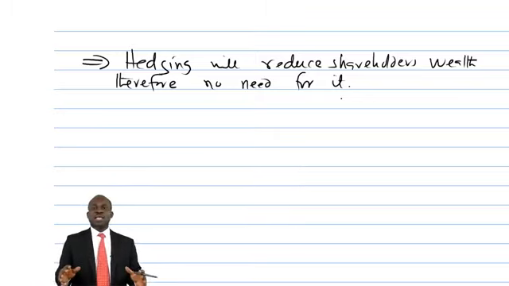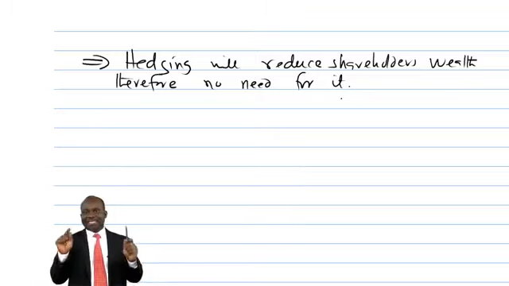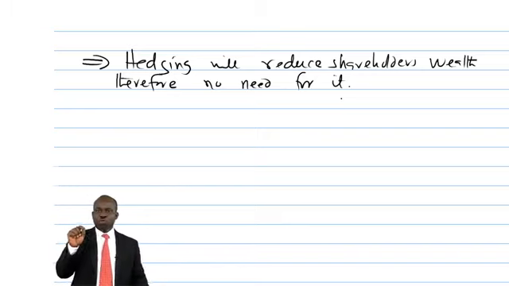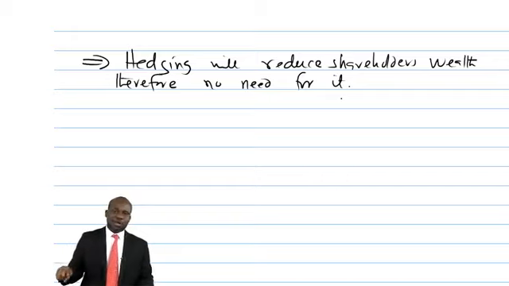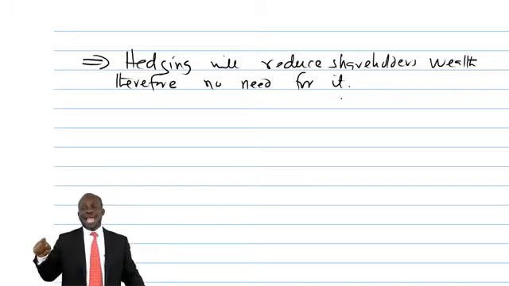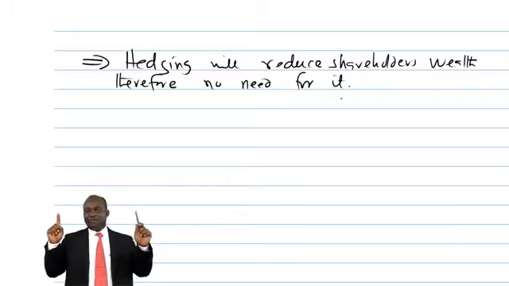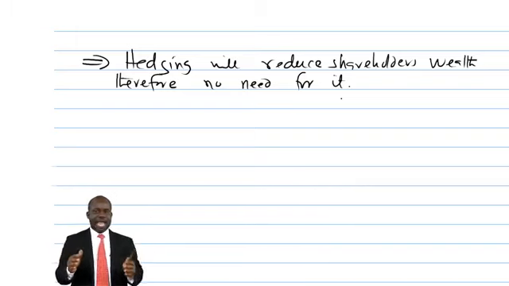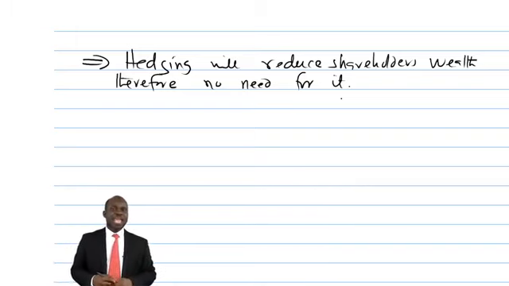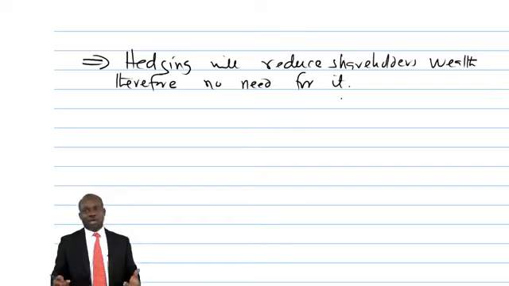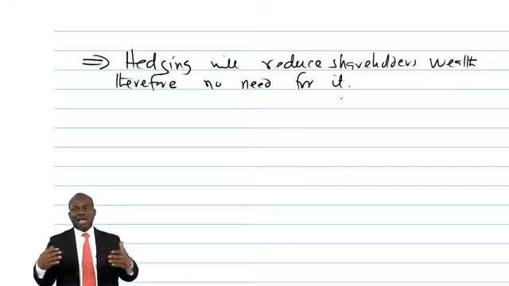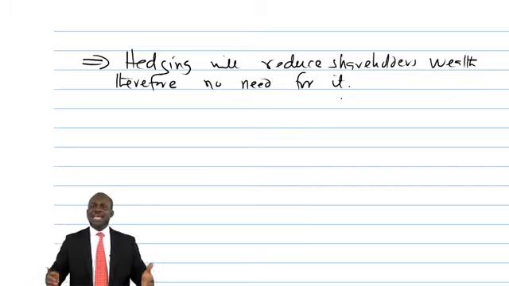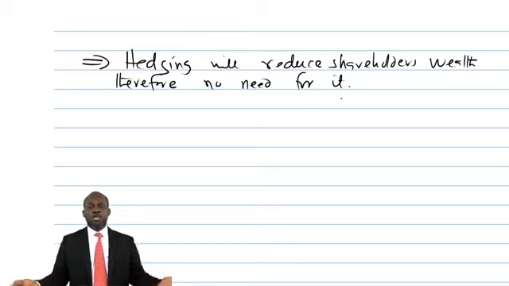And when we live in a perfect market, as CAPM assumed, the unsystematic risk is fully eliminated and we have only systematic risk. And therefore, if we hedge in a perfect market, the unsystematic risk is fully eliminated and the systematic risk cannot be reduced, then what are we hedging to reduce?